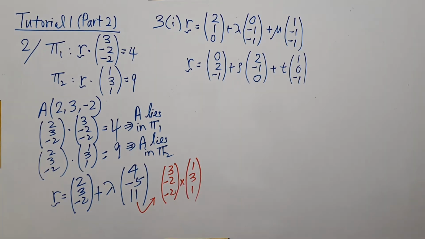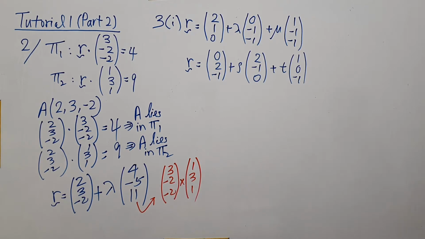Now moving on to question 3. In question 3, you are given the equation of two planes, and it requires you to do the same thing, which is to find the intersecting line between the two planes.